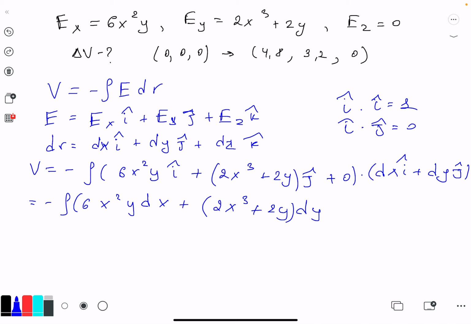Okay, so then we can say that 6x squared y dx minus 2x to the power of 3 plus 2y.